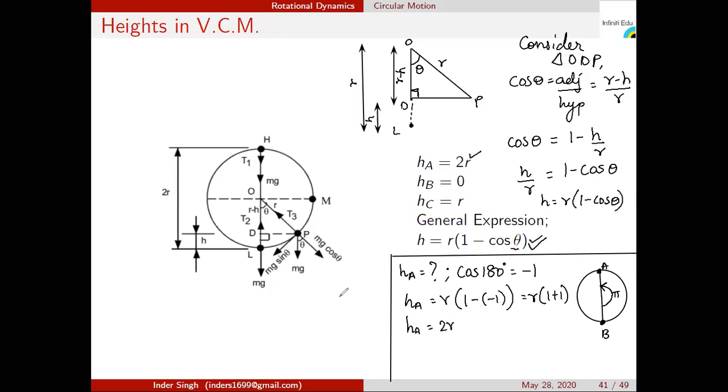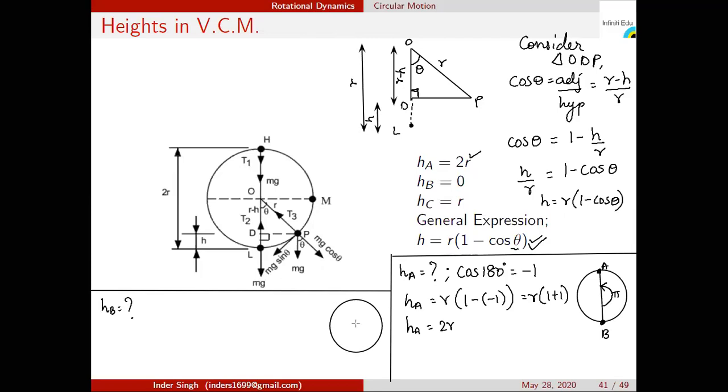Right. Now we consider another position B. The next is HB is equal to question mark. So we have to consider position B and find its particular angle.